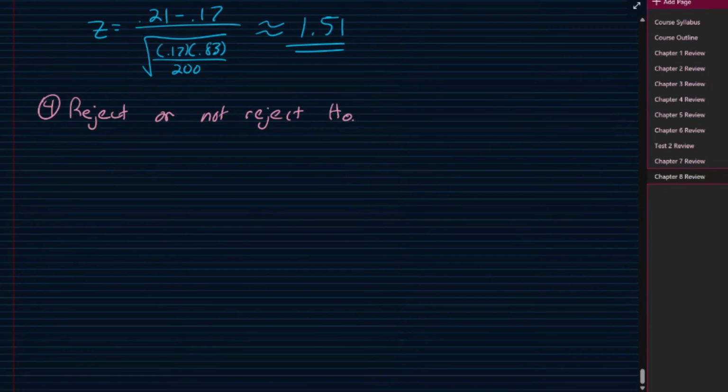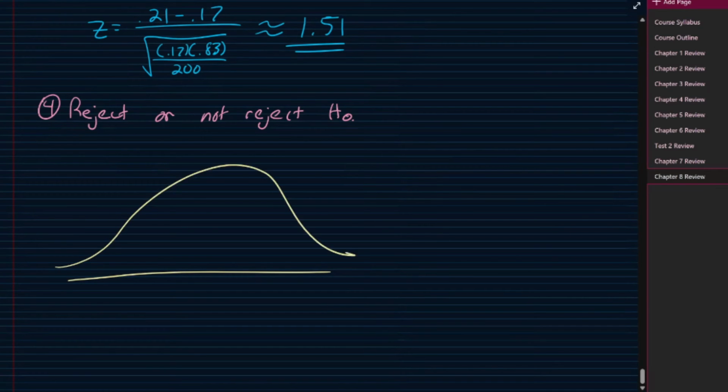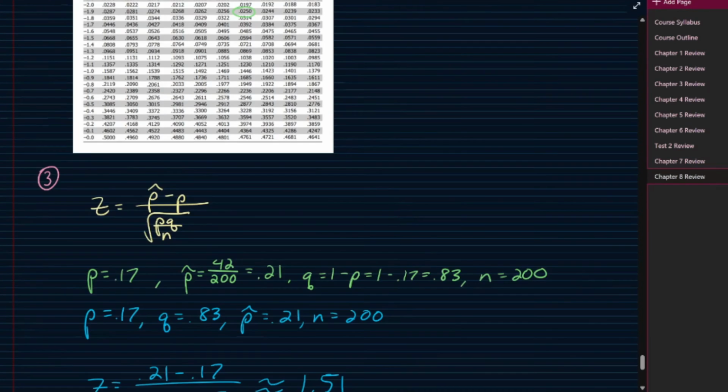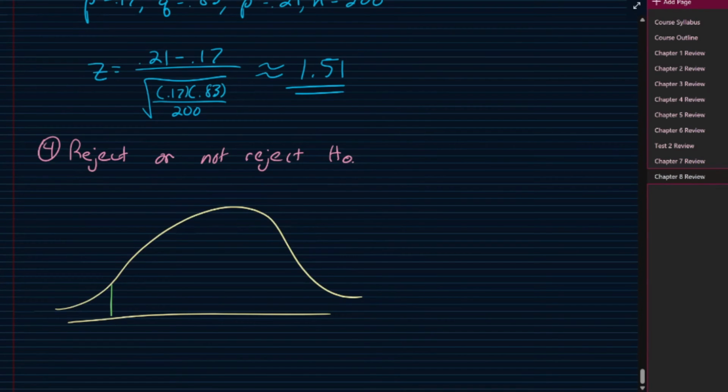And so it does look like in this case that our test value does not lie in either of the critical ranges, which are divided by negative 1.96 and positive 1.96. It ends up being around here.